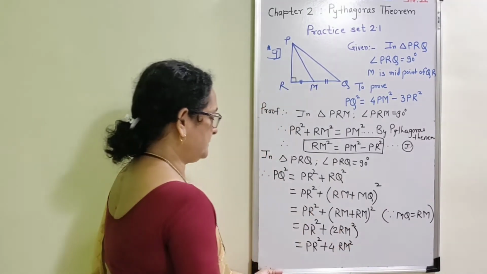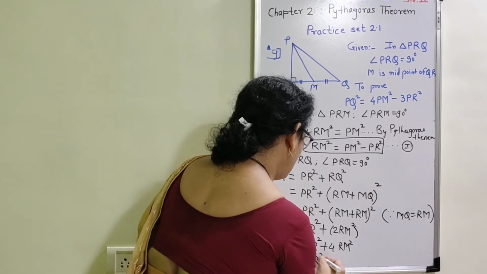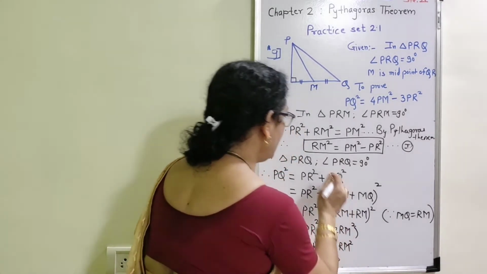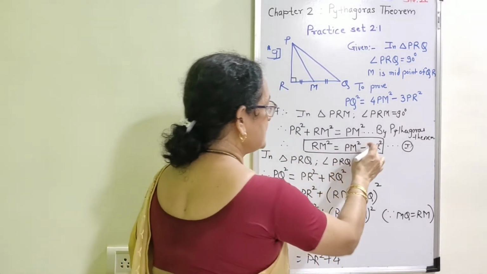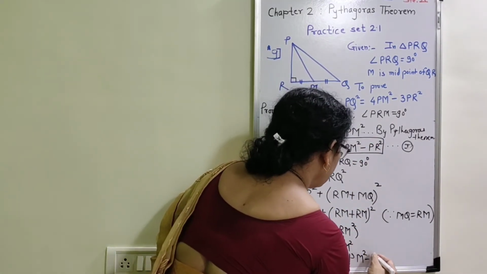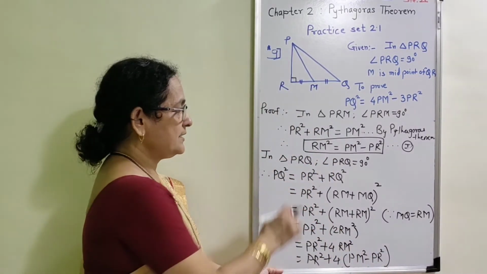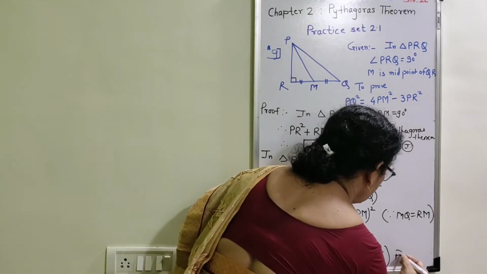Now I can substitute the value of RM square from statement number 1. RM square is PM square minus PR square.